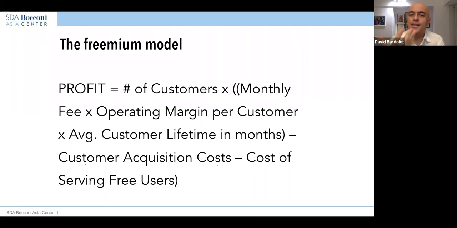But you can see how easy it is to discuss the troubles of a platform or a business, or the opportunities of a business, just by looking at 4 or 5 variables that we can measure. It just gives a lot of strength to your arguments, right?